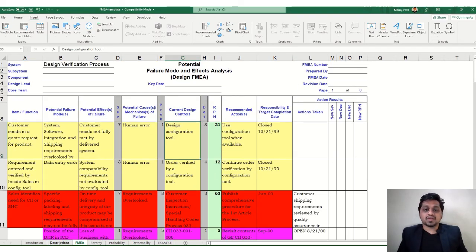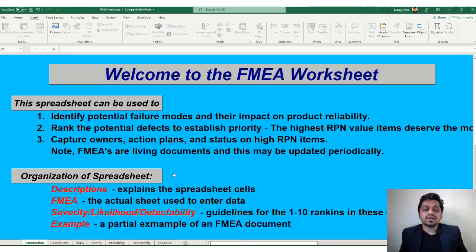And the customer sometimes wants it prior to the machine dispatch, so that he can look at what precautions you have taken to avoid failures in the machine, or even if there is a failure, how the severity is going to affect, and what precautions have been taken to reduce the severity. So this is all about failure mode and effects analysis.